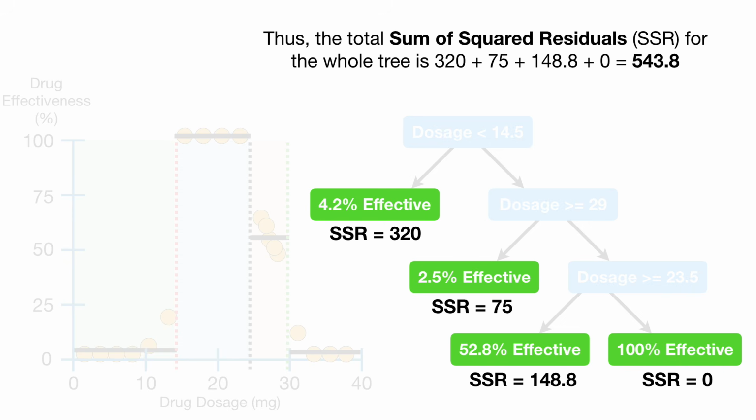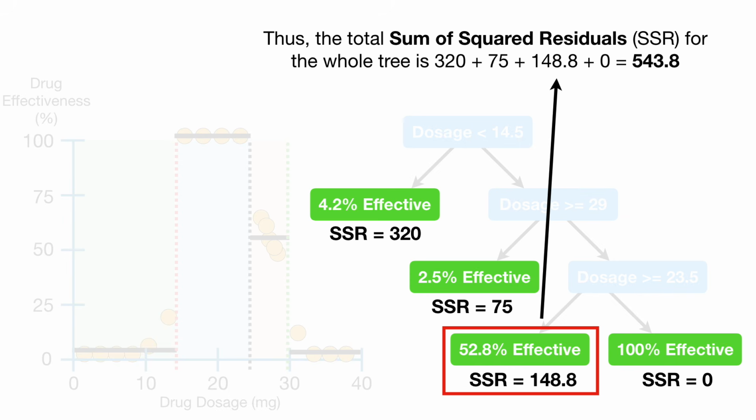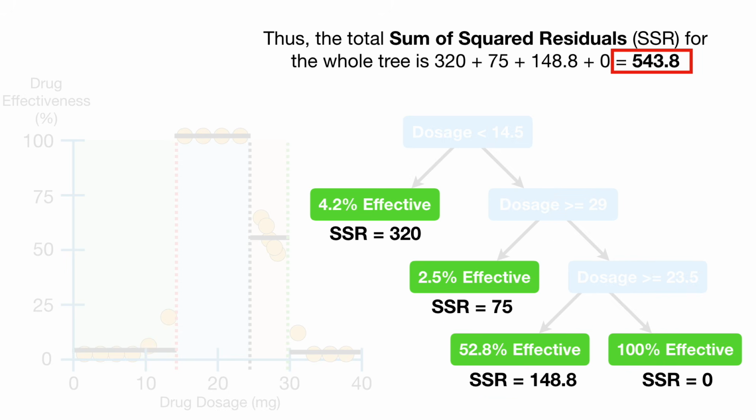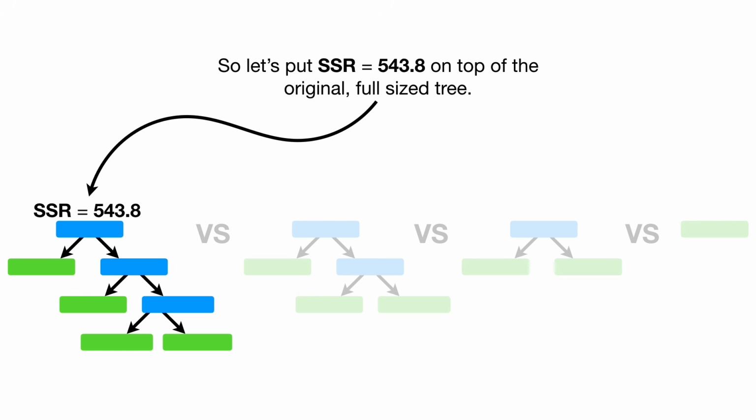Thus, the total sum of squared residuals for the whole tree is 320 plus 75 plus 148.8 plus 0 equals 543.8. So let's put SSR equals 543.8 on top of the original full-sized tree.